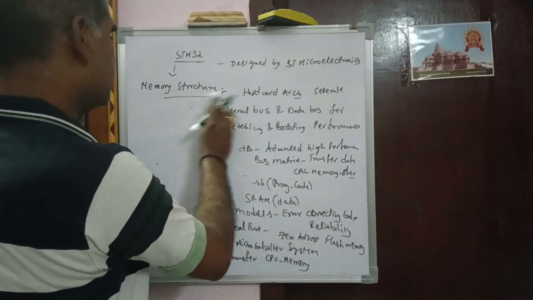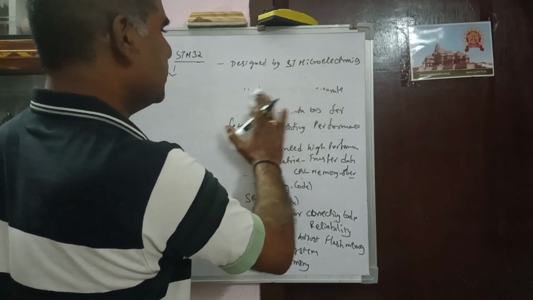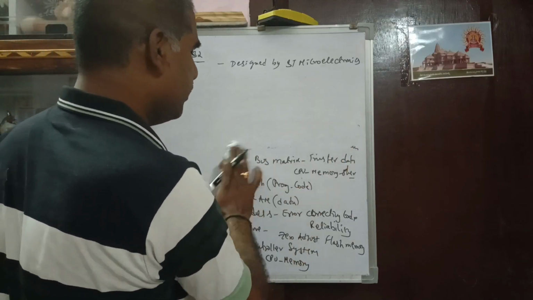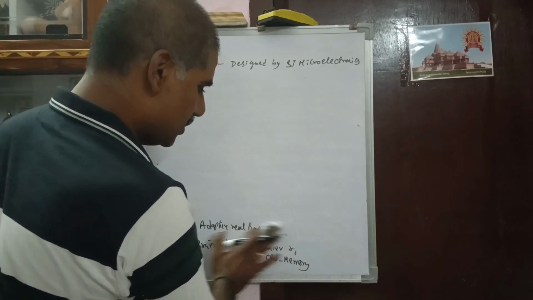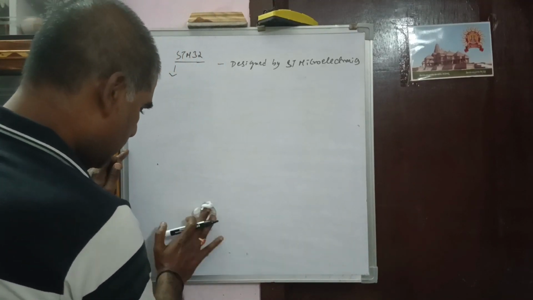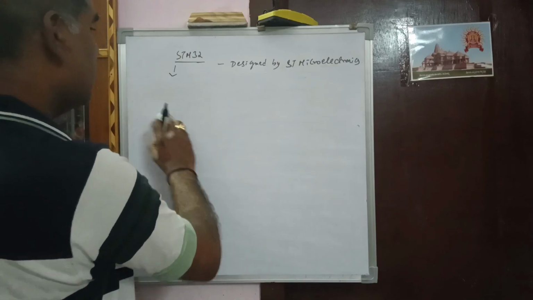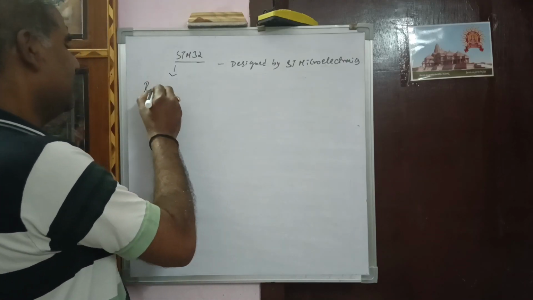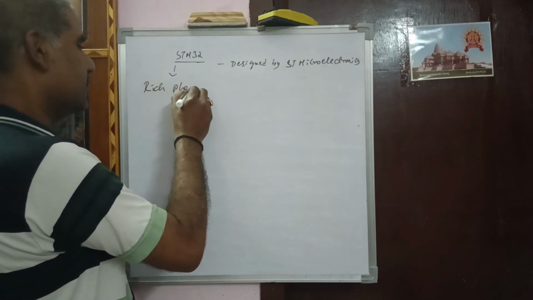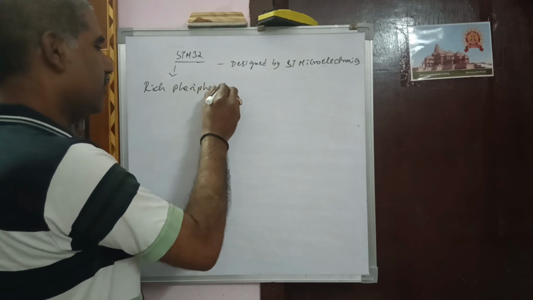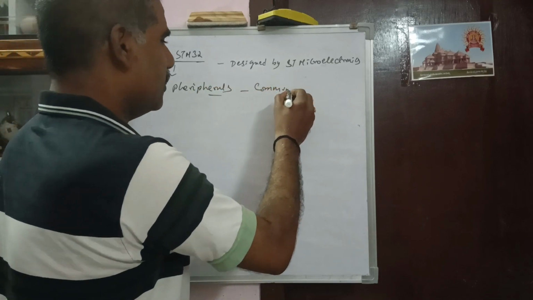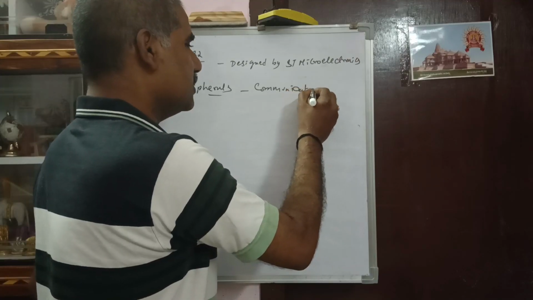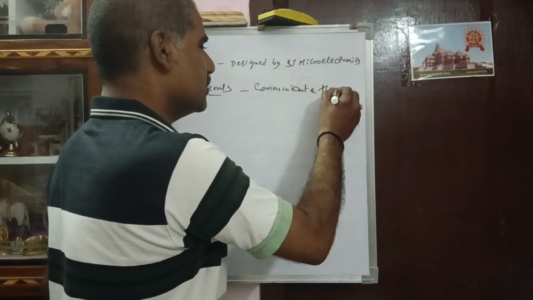Another one in STM32 is peripherals, which are used to communicate with the outside world. These are rich peripherals.